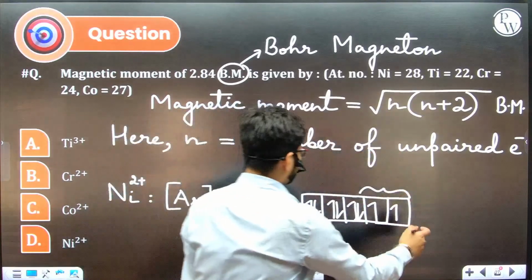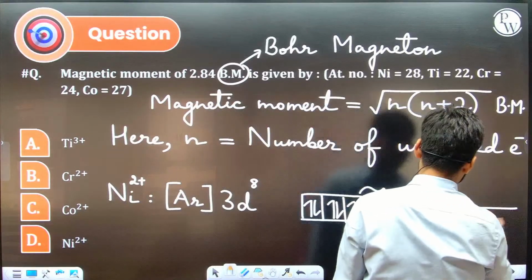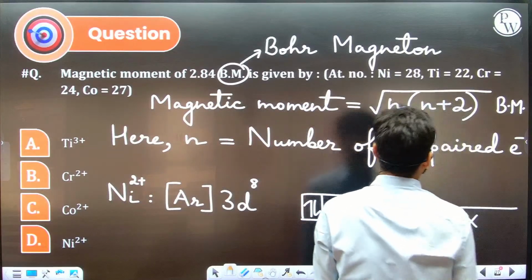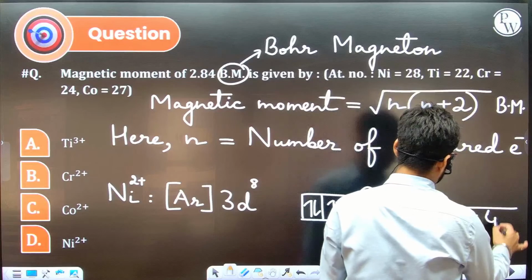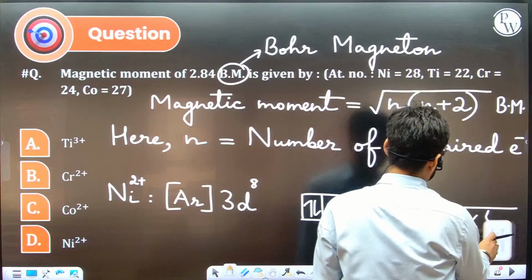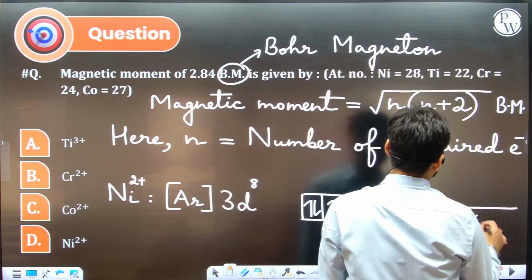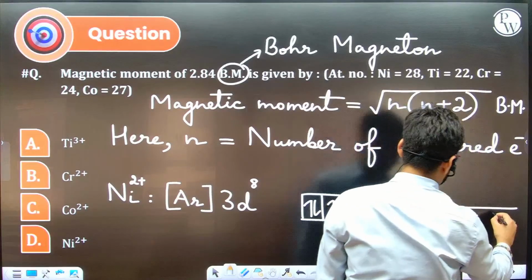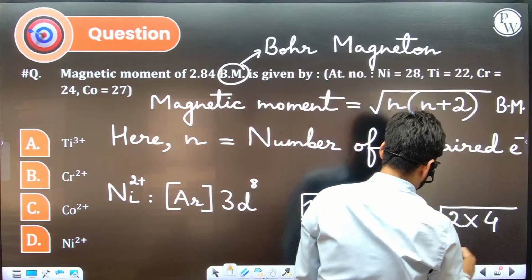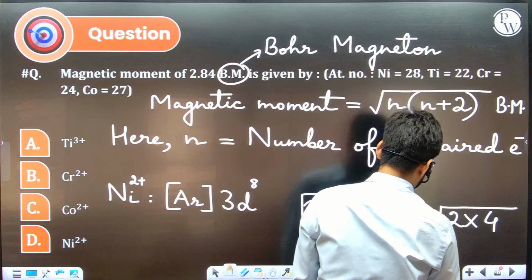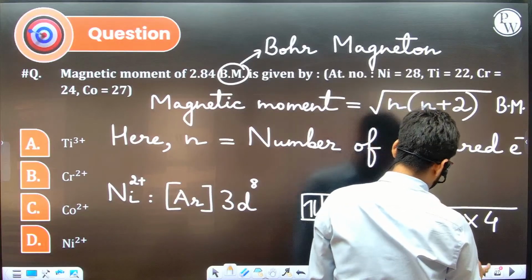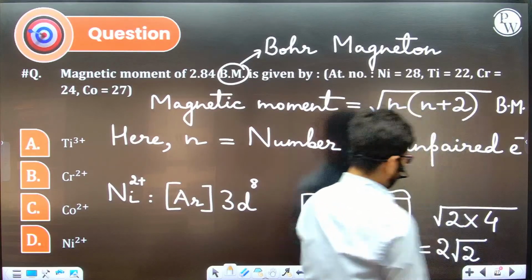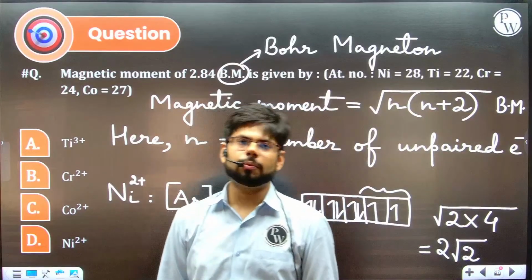So root of 2 into 2 plus 2 is 4. 2 plus 2 is 4. That means it is root 8. Root 8 is 2 root 2. Now we know that root 2 is 1.414.